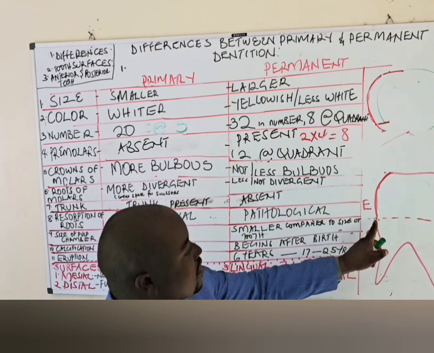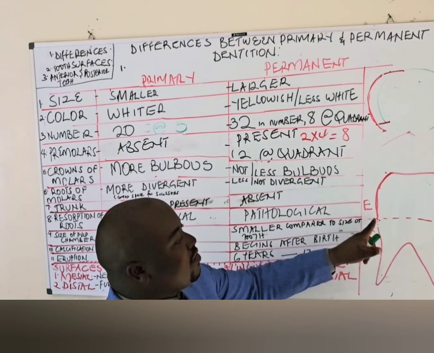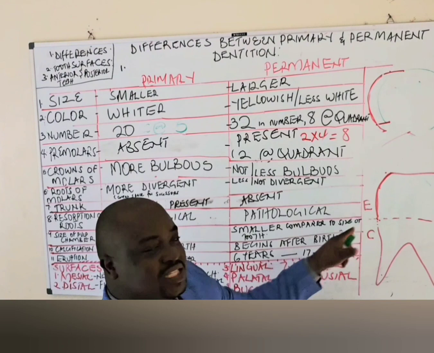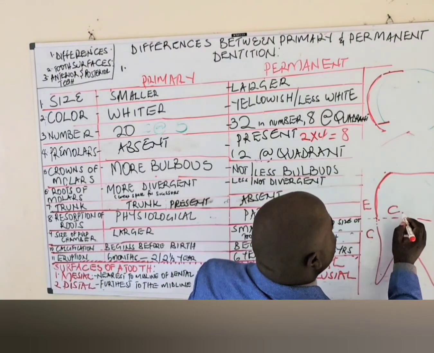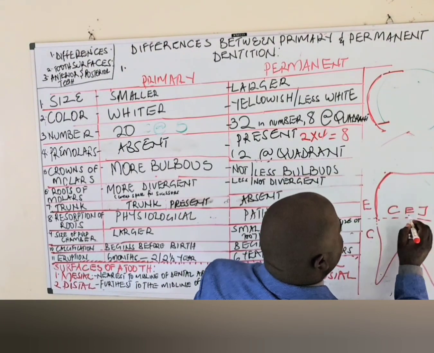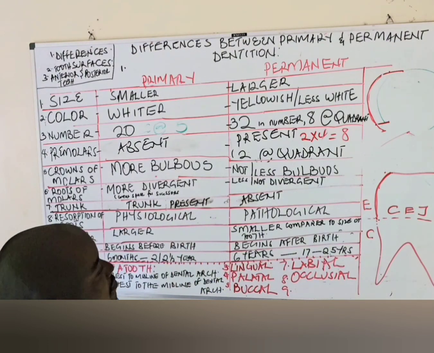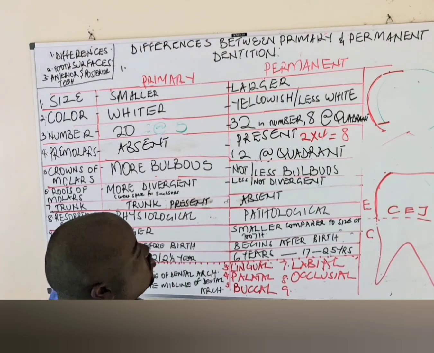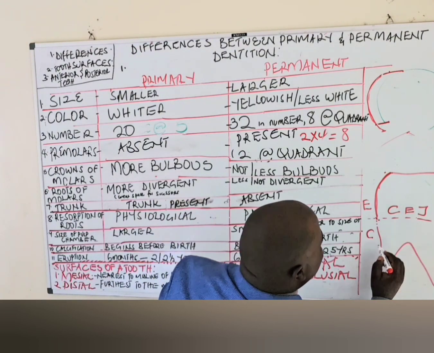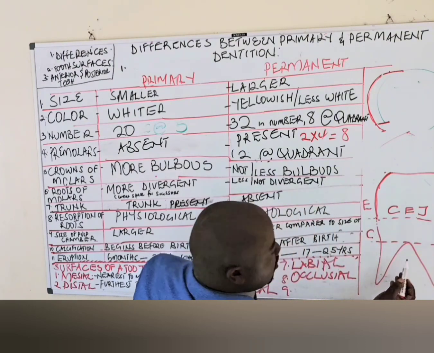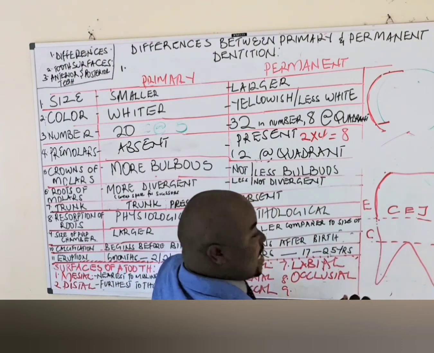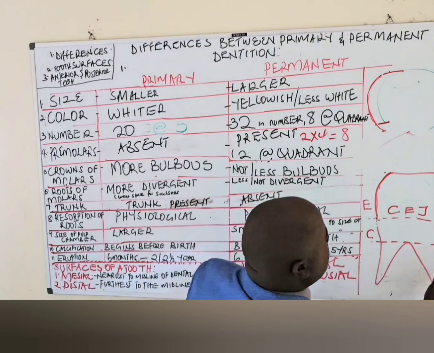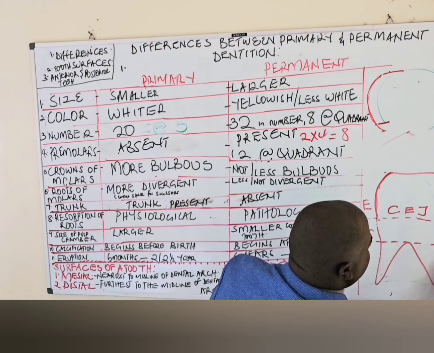The cementum covers the root, the enamel covers the crown. So this junction is called the cemento-enamel junction. Between the cemento-enamel junction and the point where the roots diverge, this point where the roots diverge is called the furcation.